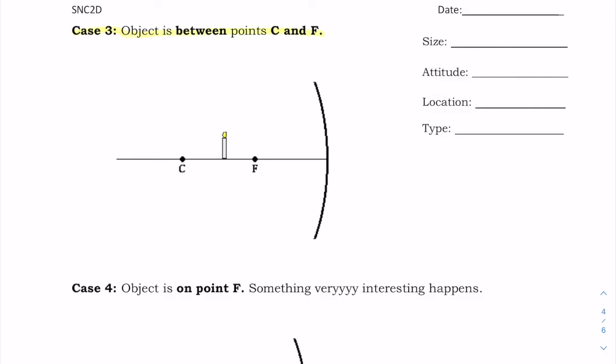So here we go. We'll draw the 4 rays of light. The first one I'm going to draw is the ray of light that is parallel to the principal axis. Remember that one reflects and passes through the focal point.